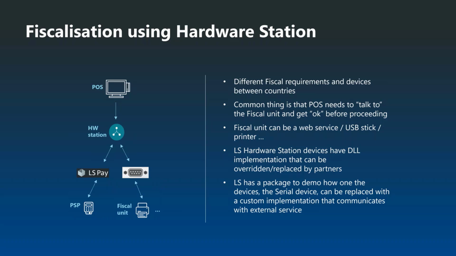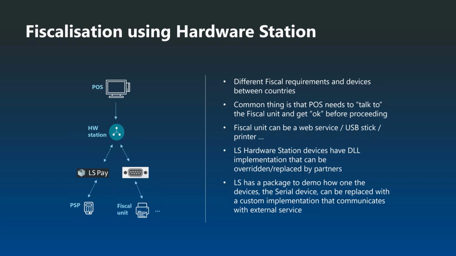Now, we recommend using the LS Hardware Station to implement the fiscal solution in each country. And after going through some discussion on this with our partner channel, we have created a fiscal starter pack that includes a demo of creating a custom serial device implementation in the hardware station.